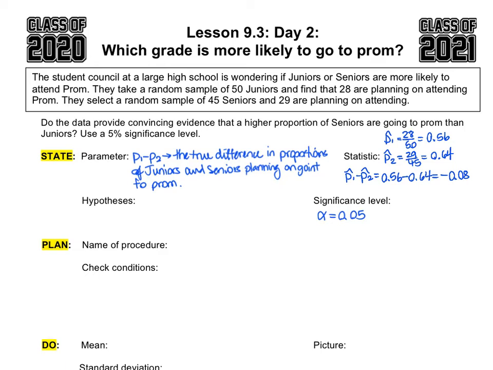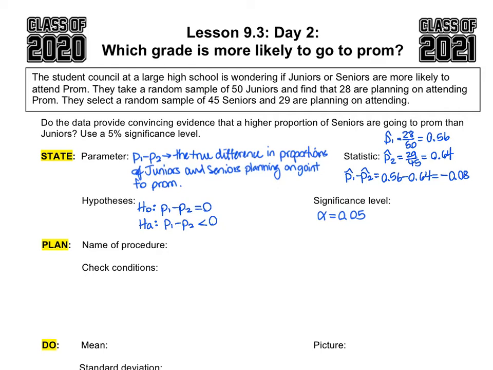But because we are conducting a hypothesis test, we need some hypotheses, and that means we're going to have a null hypothesis of p1 minus p2 is equal to 0, meaning no difference between the two, and an alternative hypothesis that the proportion of juniors planning on attending prom is less than the proportion of seniors attending prom, sorry.